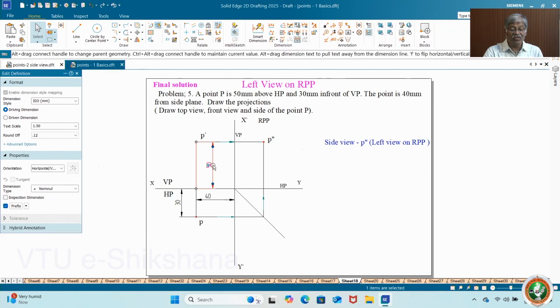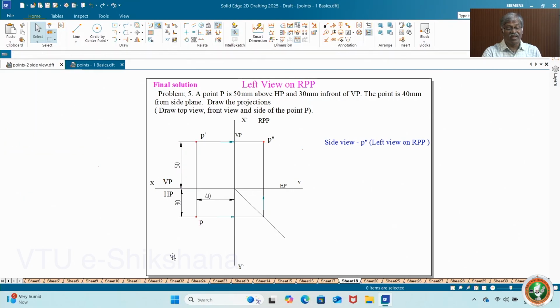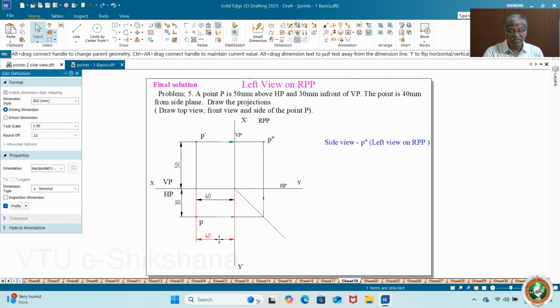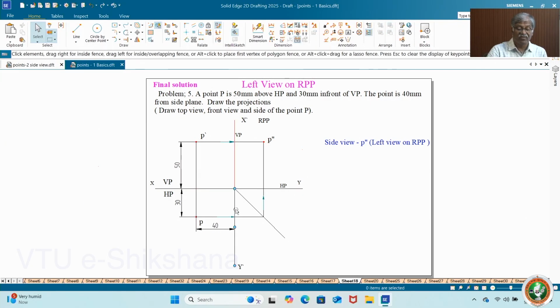So always you manage to maintain this on one single line, preferably, and then keep this 40 neatly. Maintain a gap of 1 centimeter to 1 inch from the overall figure. So this is the better way of working, good presentation.